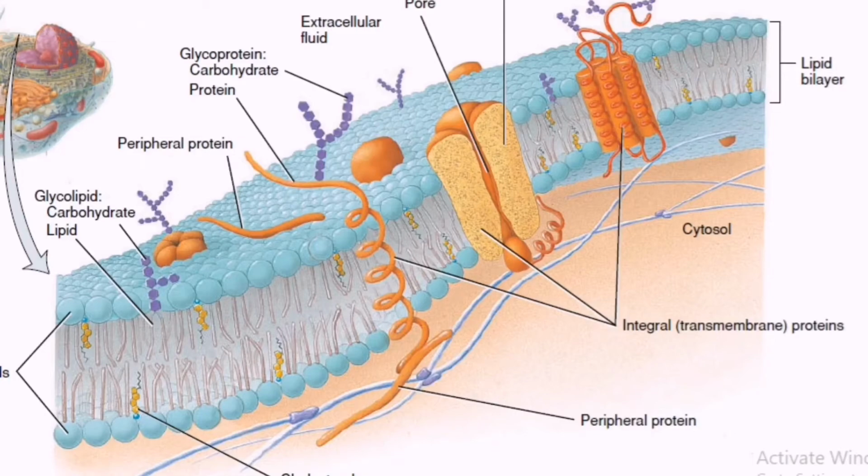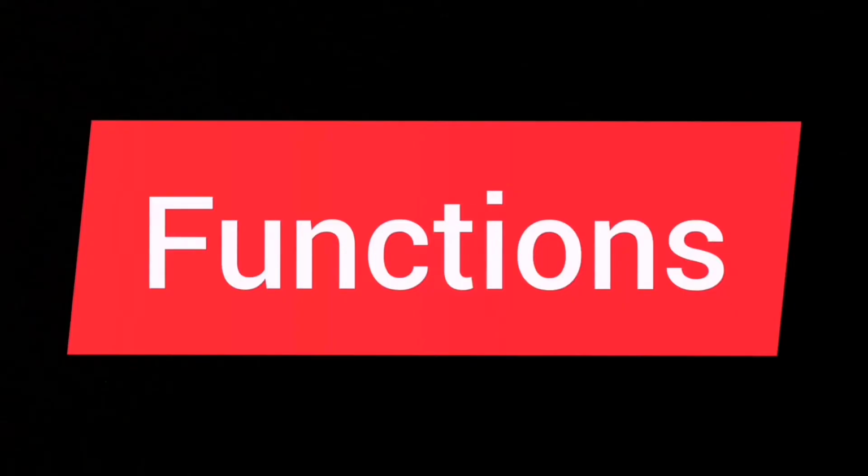Next, functions of the plasma membrane. What are the functions of the plasma membrane? First, it gives protection to the cell and cell organelles. Next, it makes contact with other cells. That is, the plasma membrane is the basic medium for communication.